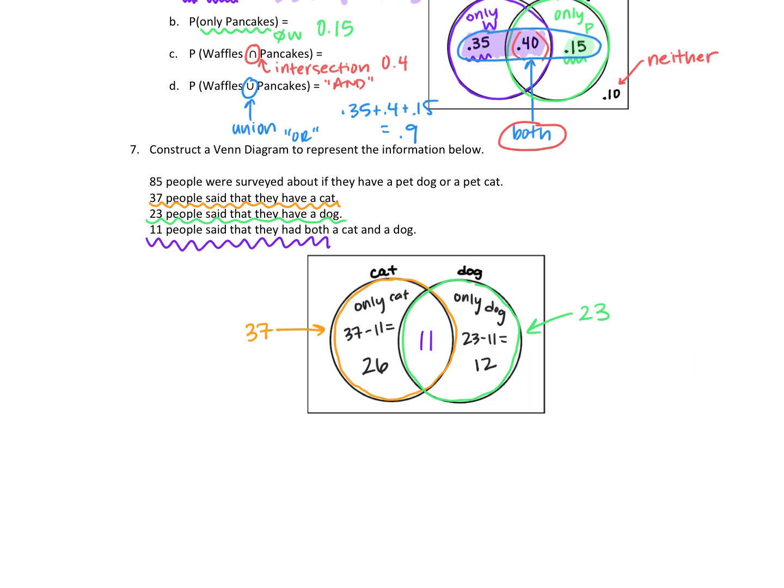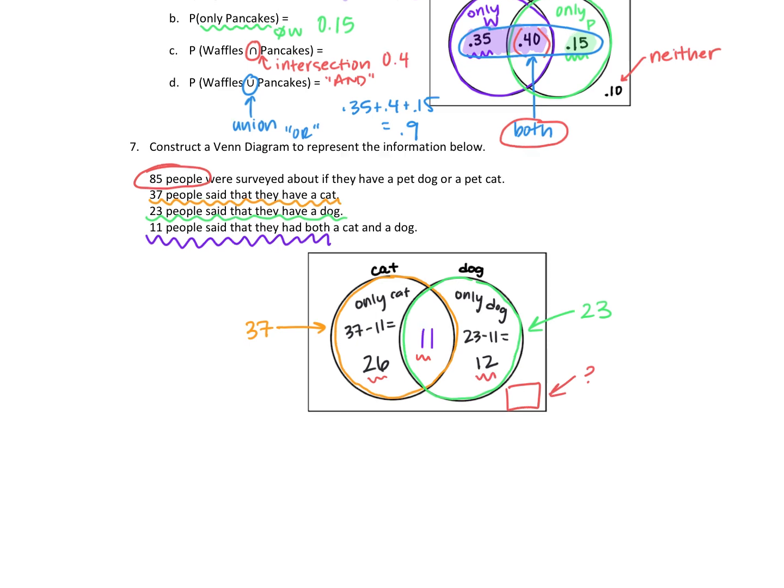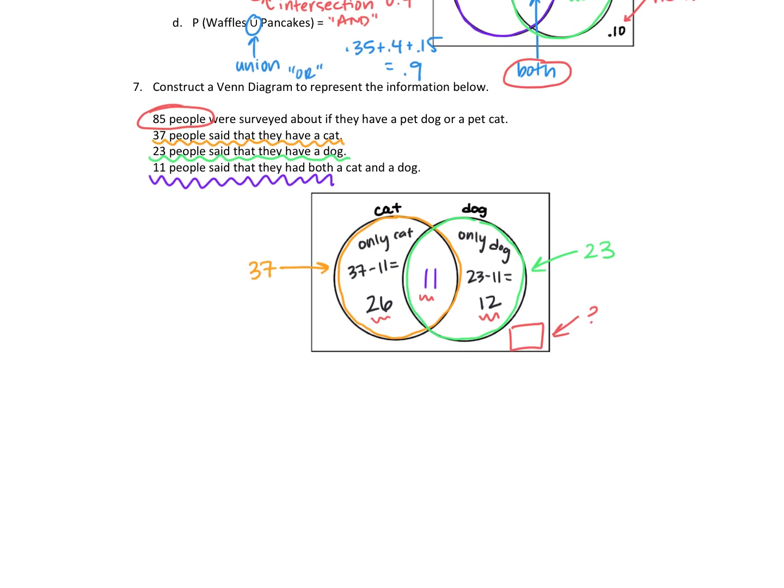The part that people are going to forget is the neither category. It is possible for there to be some people who answered neither. Keeping in mind that we had 85 people total, let's see how many people are missing from this survey. Right now we have 26, 11, and 12 people represented. Let's add those together: 26 plus 11 is 37, plus another 12 is 49.